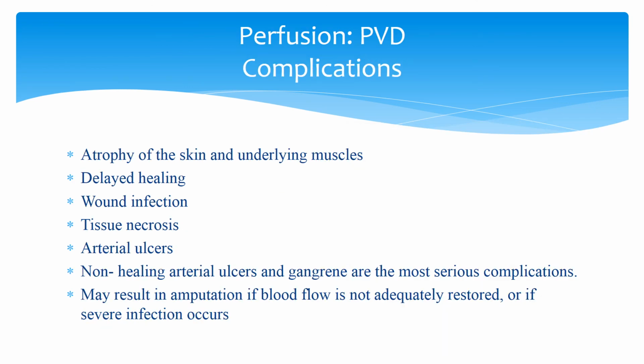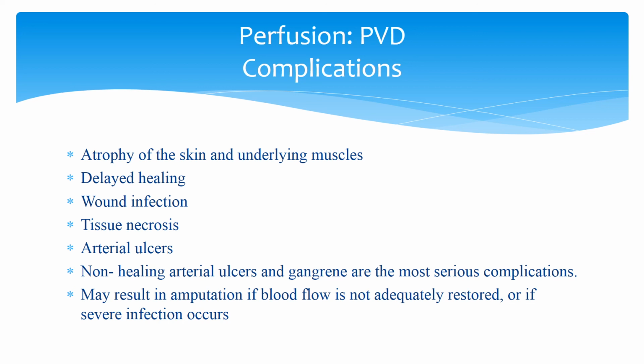So the biggest thing when you're looking at perfusion, particularly with peripheral artery disease, is that you're wanting to make sure that there is circulation going in that area, because impaired circulation leads to impaired wound healing. It's not getting the blood and the nutrients needed to heal and to grow, and all of that is necessary for our bodies.